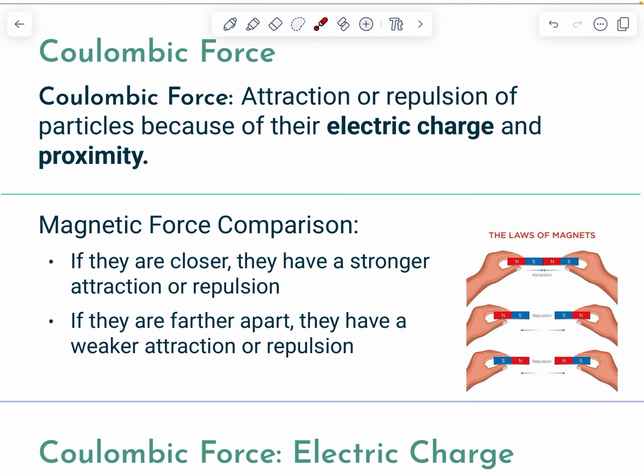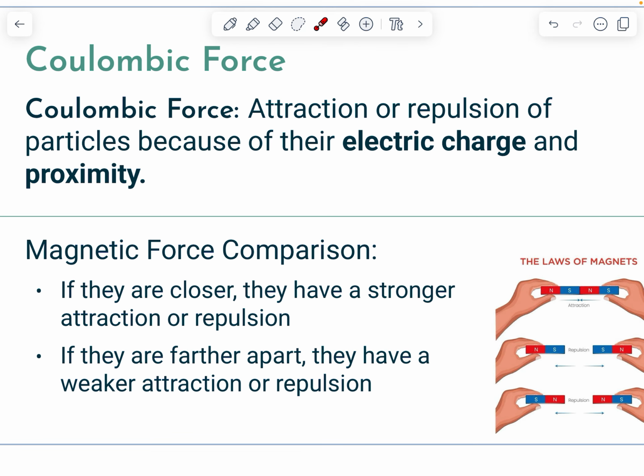So what is that attraction called? That attraction is called Coulombic force. And it is the attraction or repulsion of particles because of their electric charge and their proximity. We are focusing on that attraction part because we're going to be looking at the protons being attracted to the electrons.